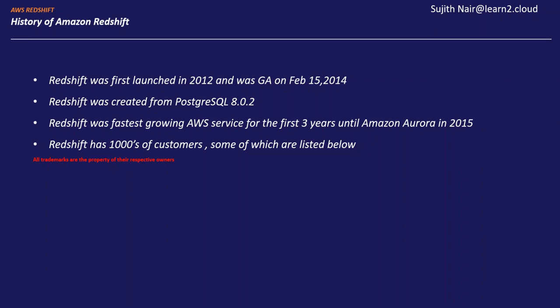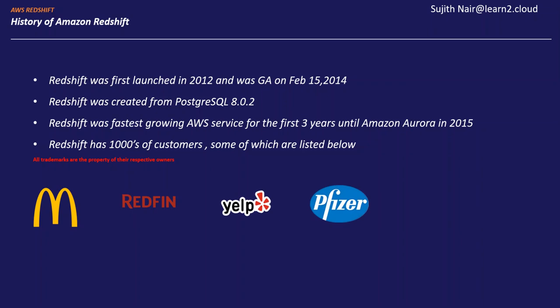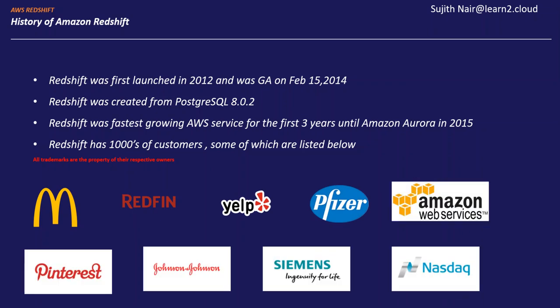Redshift has thousands of customers, some of which are listed below. So as you can see, they have a lot of customers. That is McDonald's, Redfin, Yelp, Pfizer, Amazon Web Services, and many more like these. We all know NASDAQ.